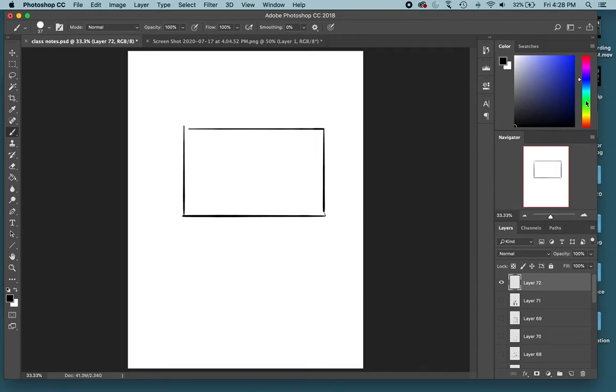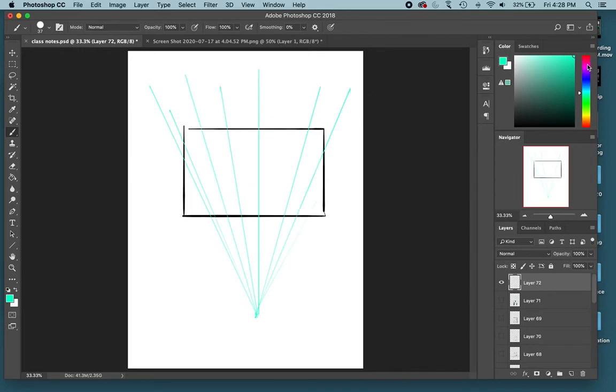So let's do this one. This I'm just holding shift to draw those straight lines. Let's put a horizon line about here.